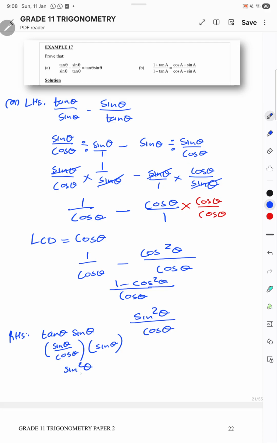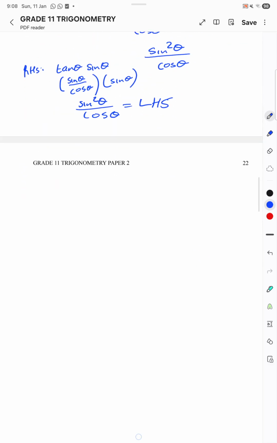This will then be sine squared theta over cos theta, which is the same as the left hand side. So in this case, I had to do the left and also do the right. And these are the kind of question we are expecting in the exam, to actually do both sides most of the time.